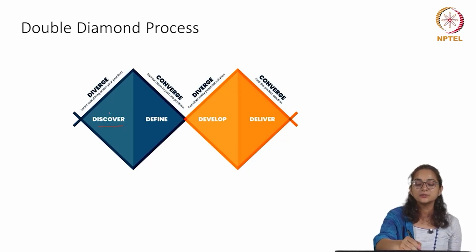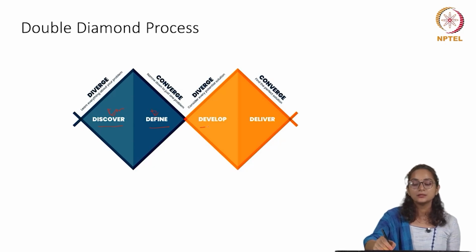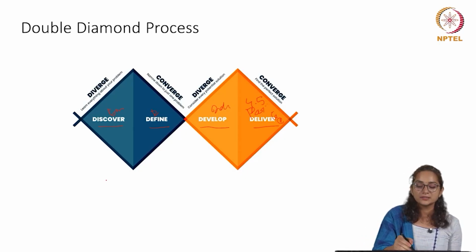Discover, which is similar to your step 1 empathize; define, exactly the same as step 2; develop, or ideate; and then deliver, where you test and converge. So basically in deliver, the prototyping phase and the testing phase, steps 4 and 5, are kind of combined. So the core idea remains the same.